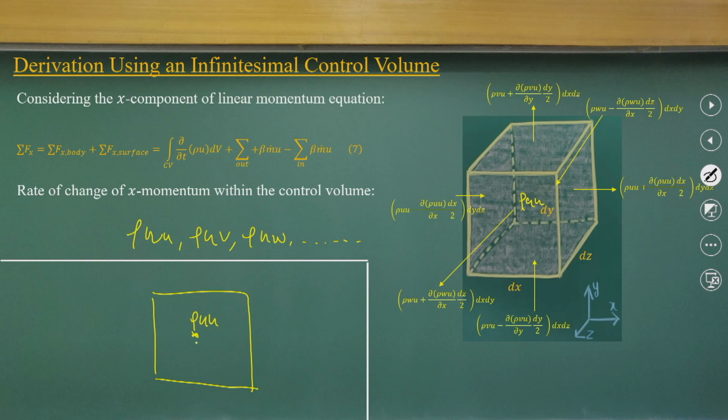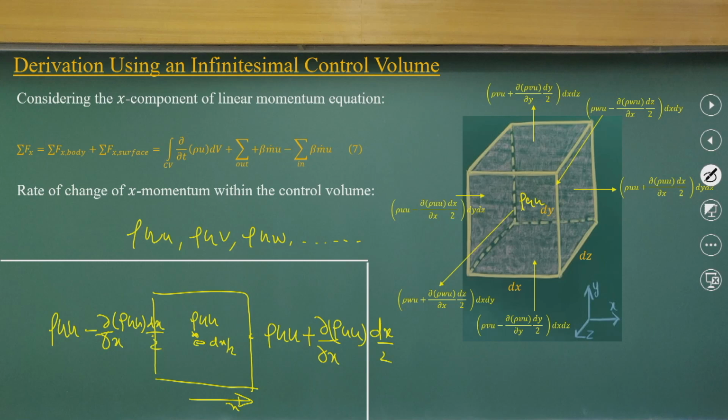If I look at a distance dx by 2, with x as my direction, using the first Taylor series approximation, what I get at this surface will be rho uu plus the first derivative, del by del x of rho uu, into dx by 2, as x is positive in this direction. Computing at the other surface, this will be rho uu minus del by del x of rho uu, dx by 2.